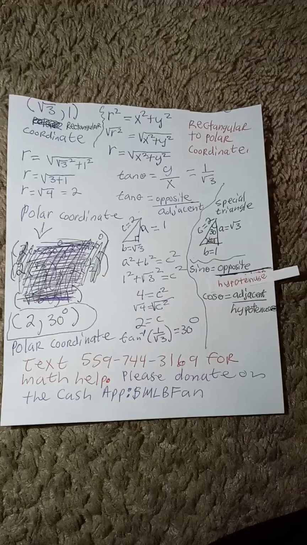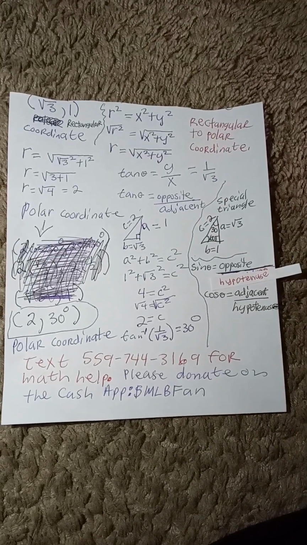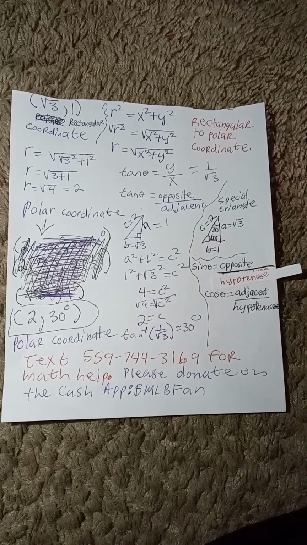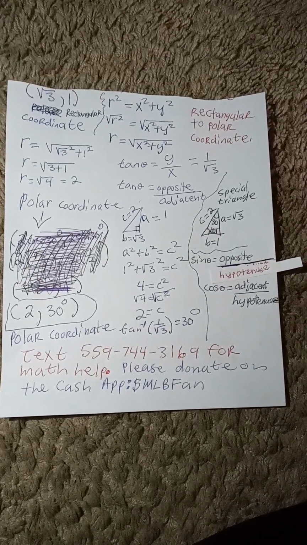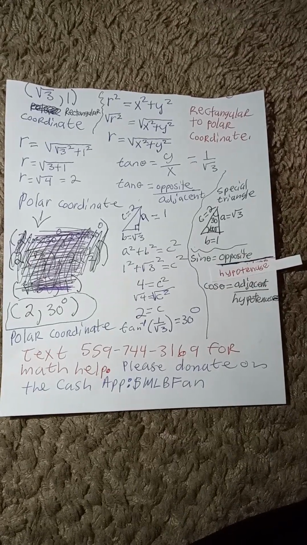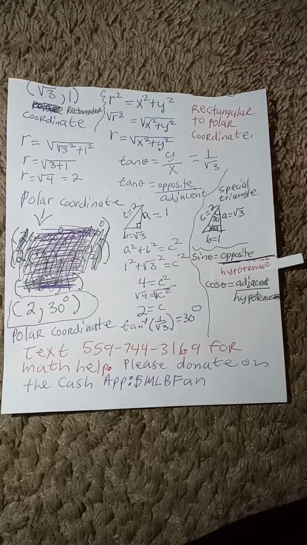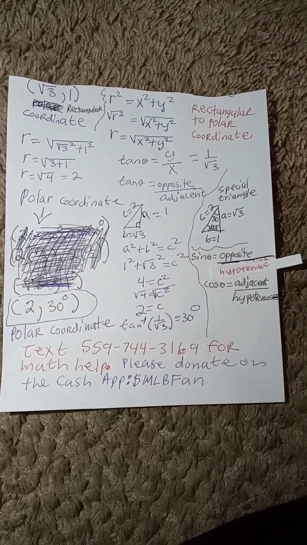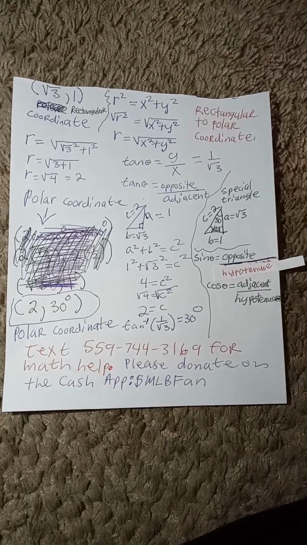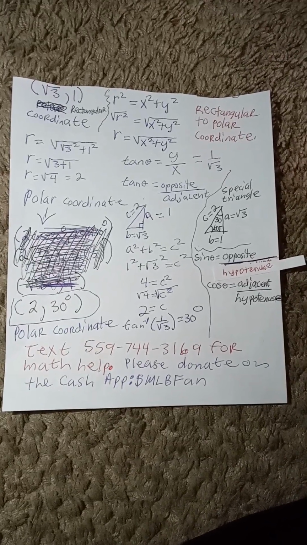So now, after we found out our tangent inverse of 1 divided by square root of 3 is equal to 30 degrees, our polar coordinate is going to contain our r value, which is 2, so our polar coordinate is going to be 2, comma, 30 degrees.